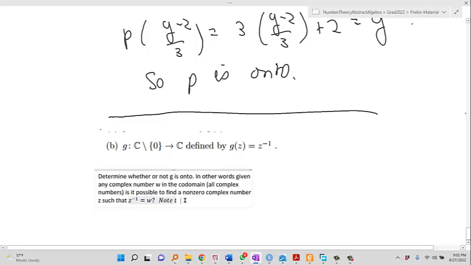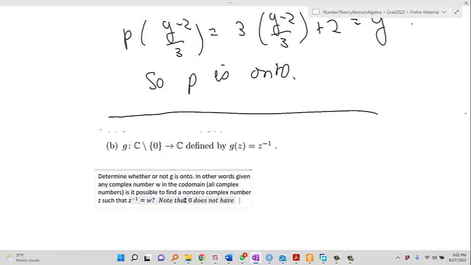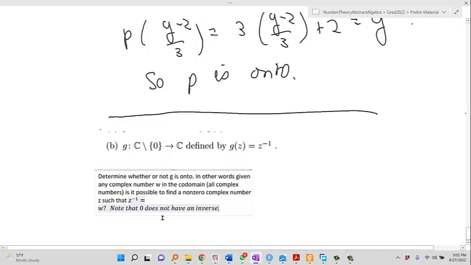Note that 0, however, does not have an inverse.